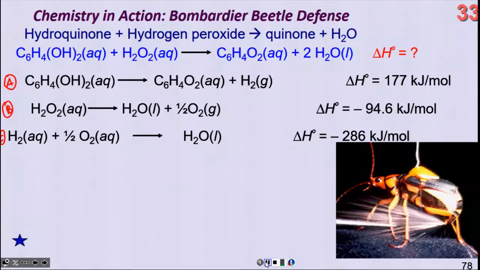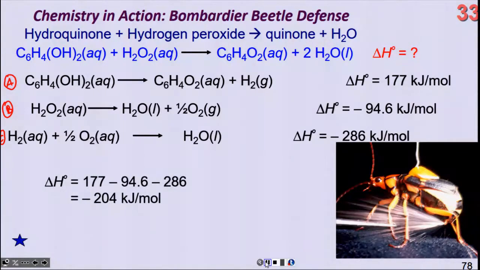And how do we combine these to come up with a heat overall for the process that we want? Can you combine them as is? Hopefully. Let's check. So if we're doing this correctly, one reactant needs to be the hydroquinone. So this one is the only one on the left. We need to have peroxide on the left. There we go.